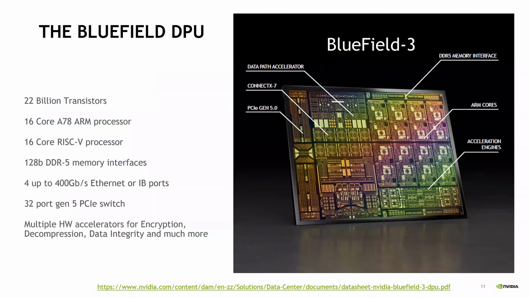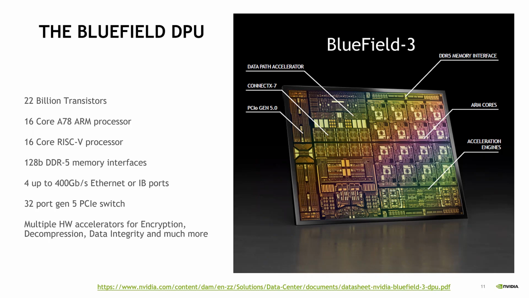The NVIDIA DPU is based on an ASIC called Bluefield. The major components are our ConnectX network adapter and PCI switch for I/O, an ARM CPU, a RISC-V processor, and multiple hardware data accelerators. The ConnectX 7 RTL is integrated into our latest Bluefield ASIC called Bluefield 3. It supports 4 network ports with speeds up to 400 gigabits per second on both Ethernet and InfiniBand.